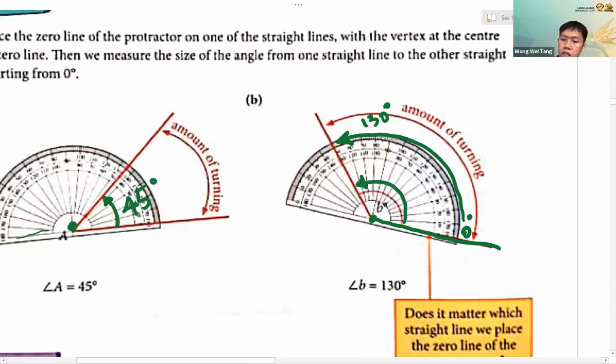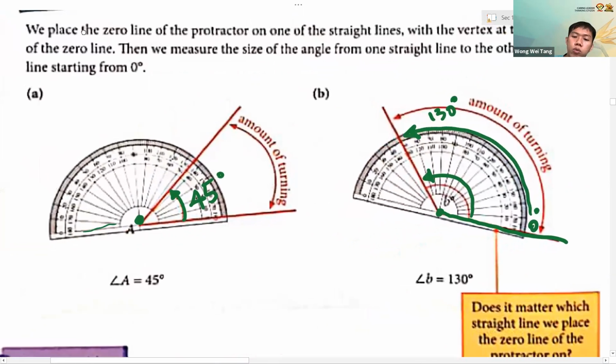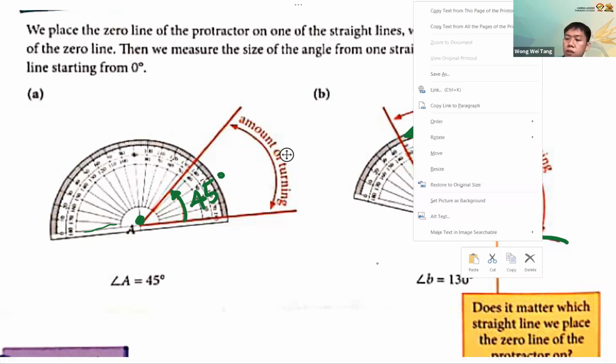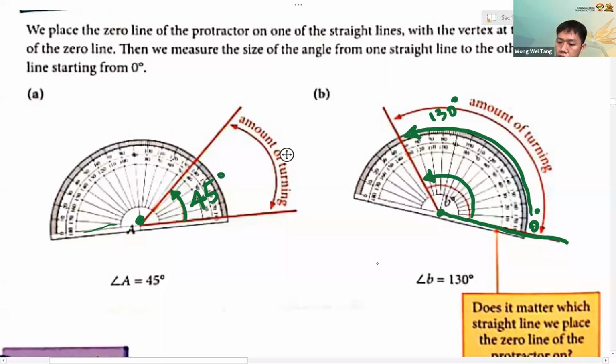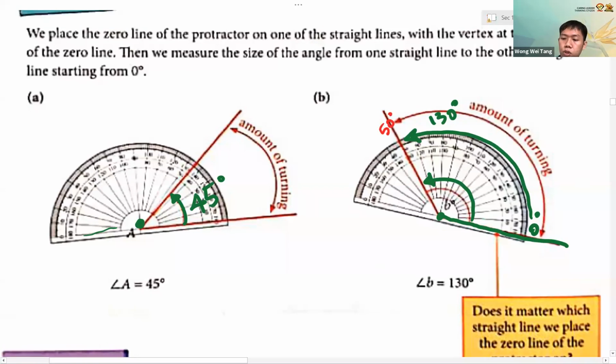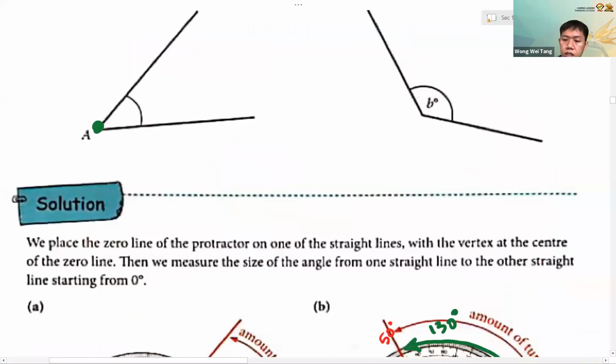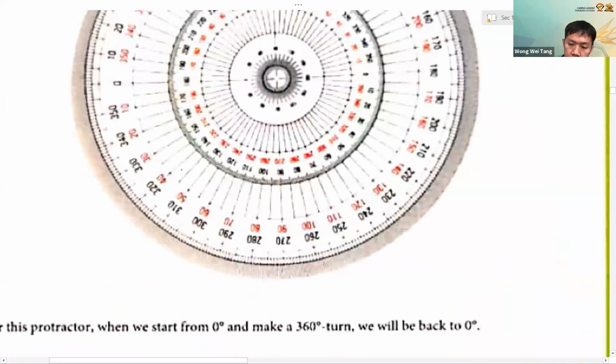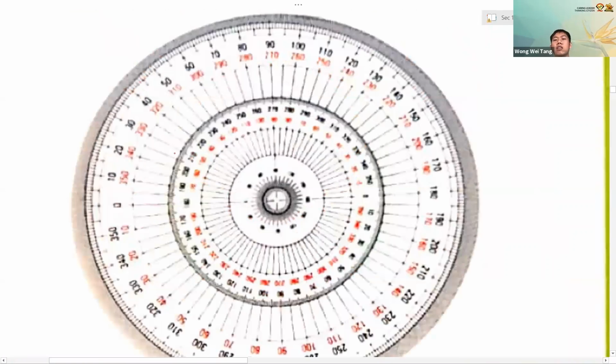The common mistake is that students do not know which number they should be looking at, because besides 130 on your protractor, it says 50 also. I bring you back here. See, just now it showed 130, but at the same time there's a 50. So how do you decide?